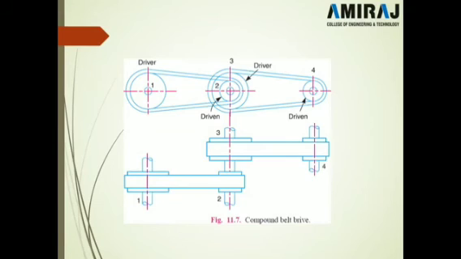Also, you can say the compound belt drive is used where there is a large distance between driver and driven, where power has to be transmitted from one shaft to another shaft, right? So we can use one pulley between two pulleys where the power has to be transmitted. So we can divide the large distance between two pulleys into half distances, right?